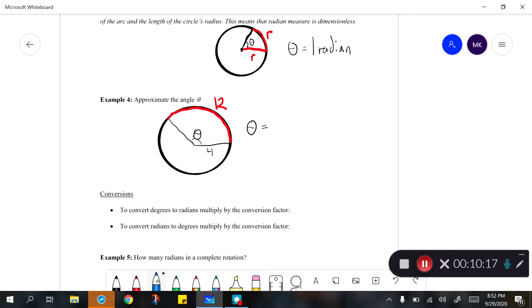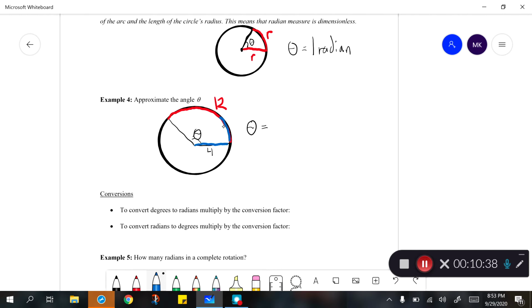So we have that one radius along that arc. If our angle intersects an arc sector of 1 radius, then that angle is 1 radian. So that means since the radius here is 4, for every 4 I go, that gives me 1 radian.